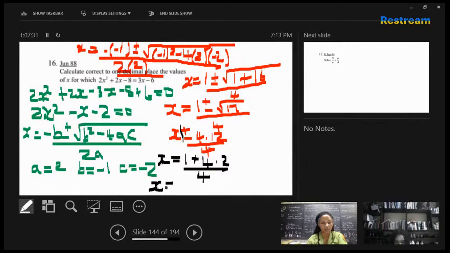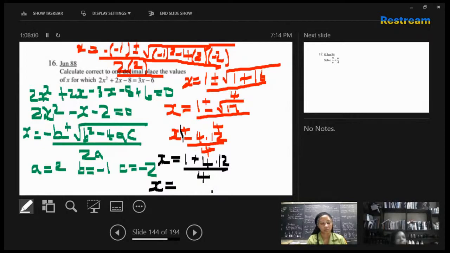I never worked it out. 5.12 over 4. 1 plus 4.12 is 5.12.